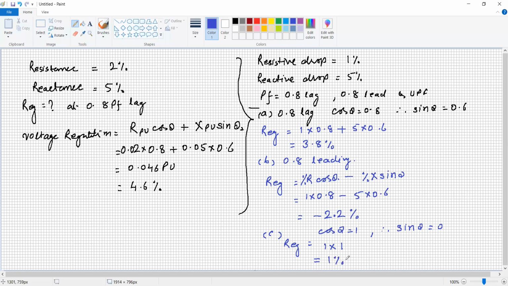So in this way, the voltage regulation at any desired value can be found with the help of equivalent circuit parameters, either when the circuit resistance and reactances are given, or when they are calculated as a percentage of resistance and reactances.